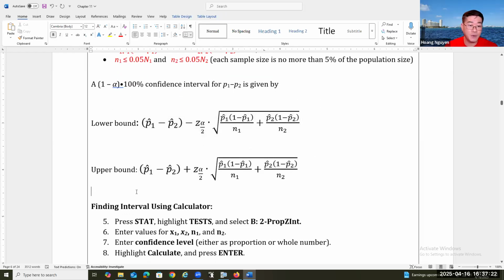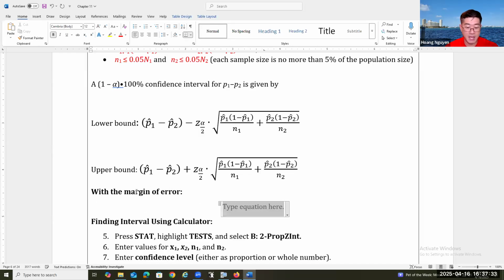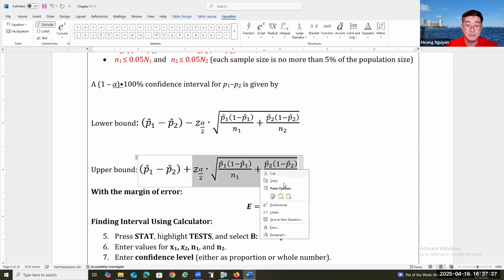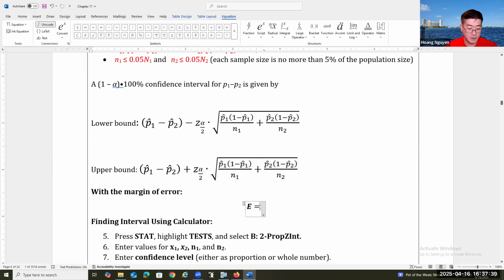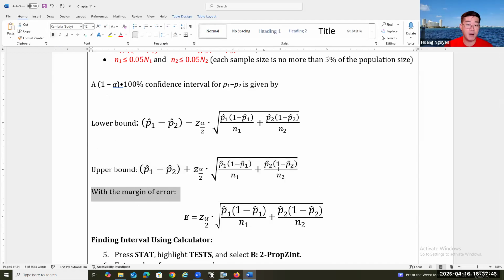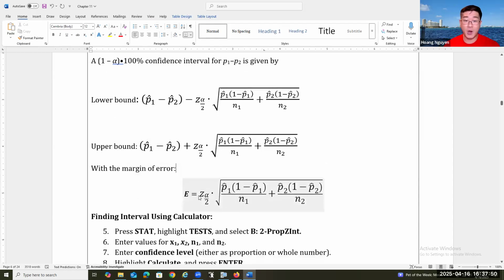To clarify those two calculations, the margin of error is calculated by this formula: E equals z sub alpha over 2 times the square root of p1 hat times (1 minus p1 hat) over n1, plus p2 hat times (1 minus p2 hat) over n2. So that's the calculation for the margin of error E. In this calculation, I hope you remember how we calculate z sub alpha over 2, right?